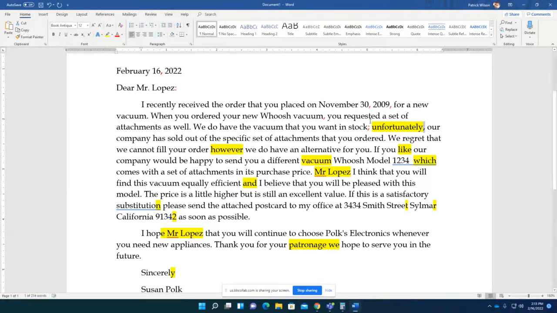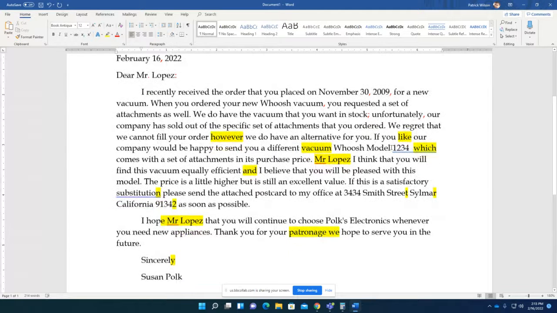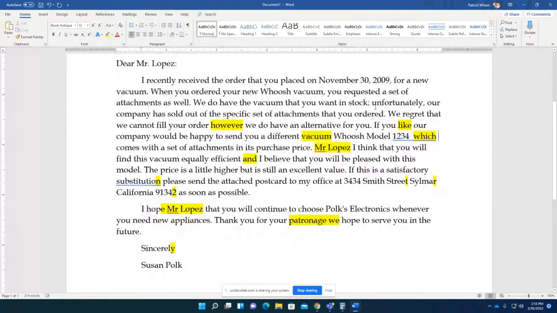Because it combines the two sentences together without creating a comma splice or a run-on, because what's really going on right now is you're creating a run-on sentence. So you have to punctuate it with a semicolon before the word and then a comma after the word.